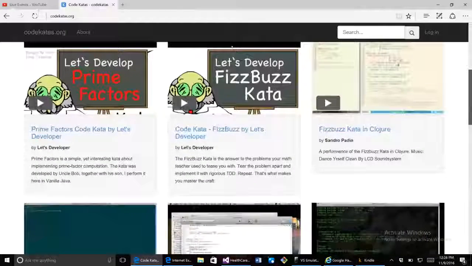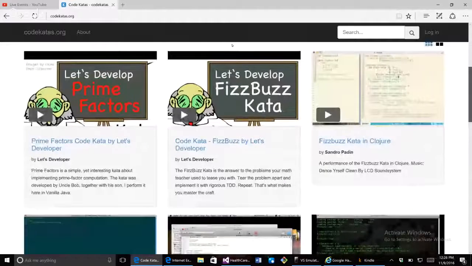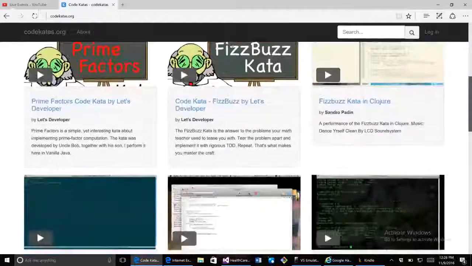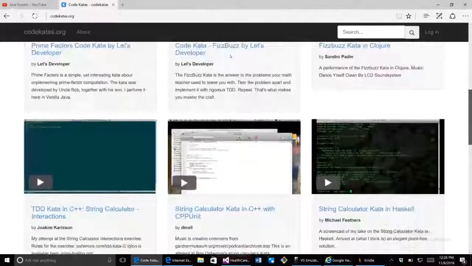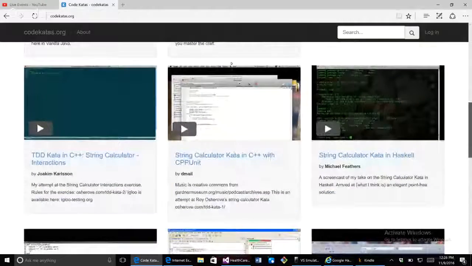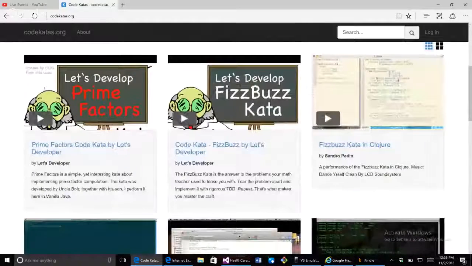So this isn't the website that I was looking for, but it's still good, right? There are various exercises on here, such as prime factors, and these are different topics that are introduced by specific developers.